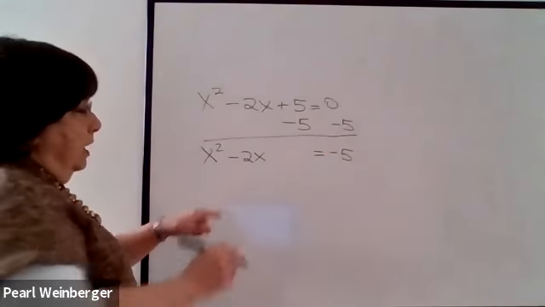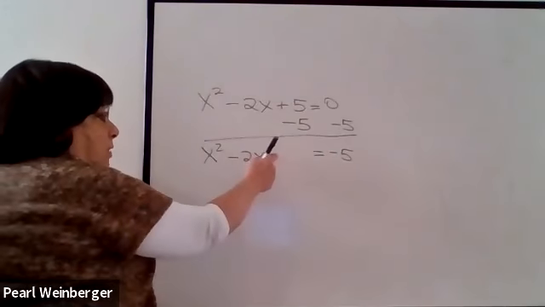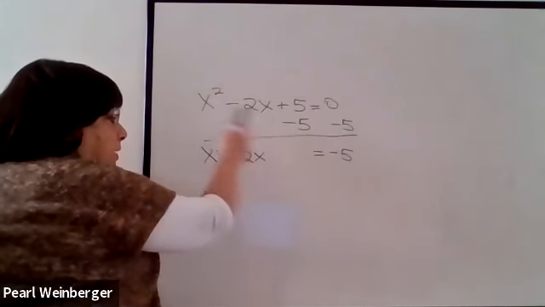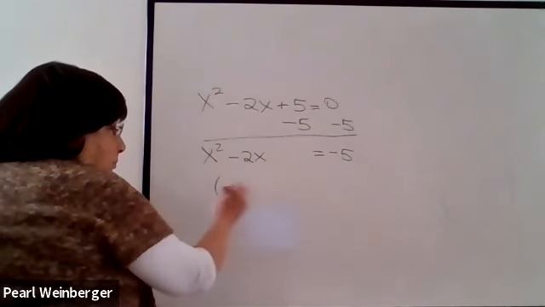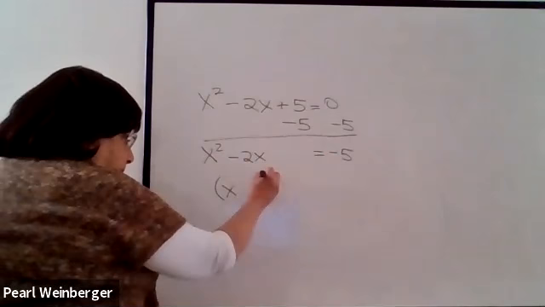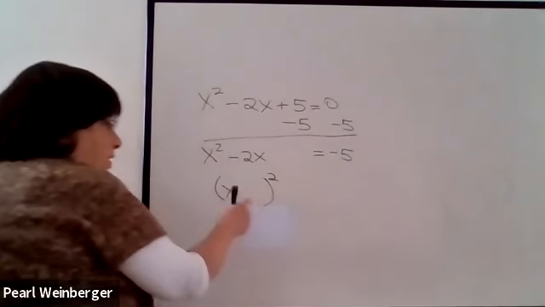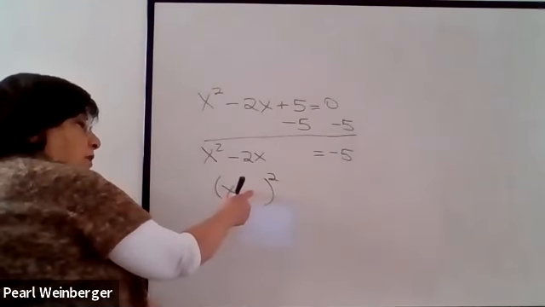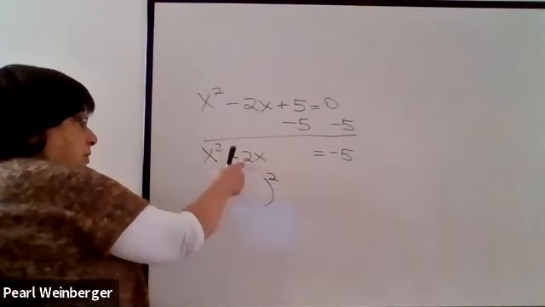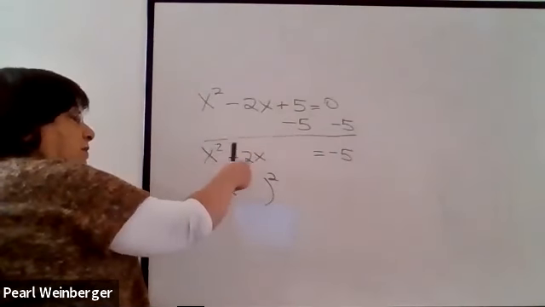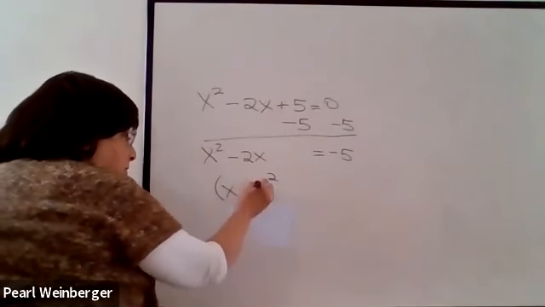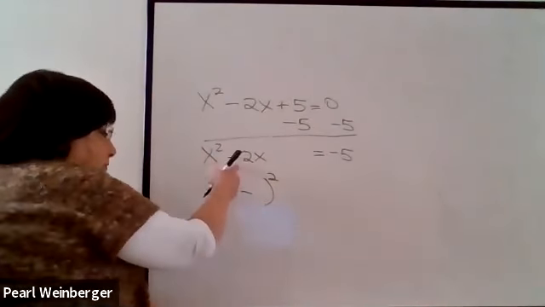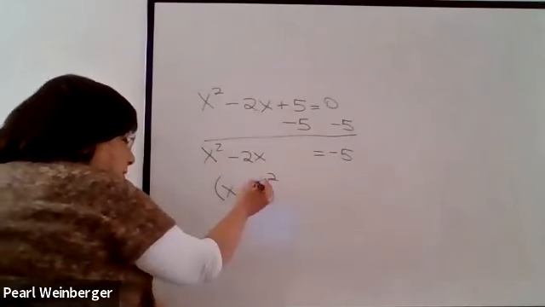Now I want to figure out what number to add over here to make this binomial into a perfect square trinomial. It's going to be x. What's the other number that's going to go in here? Obviously, the x goes in here. It's always half of this number. Negative 2 divided by 2 is negative 1.